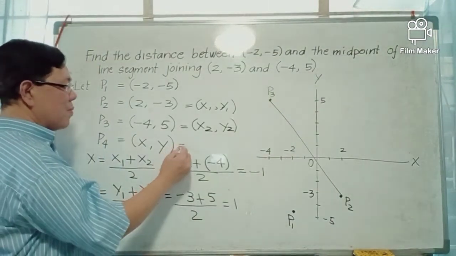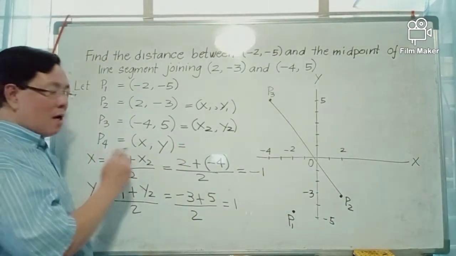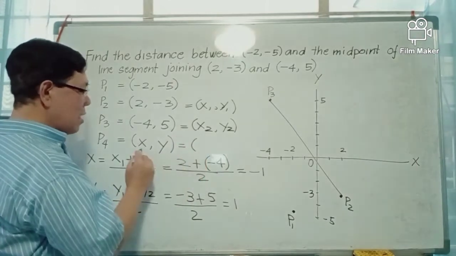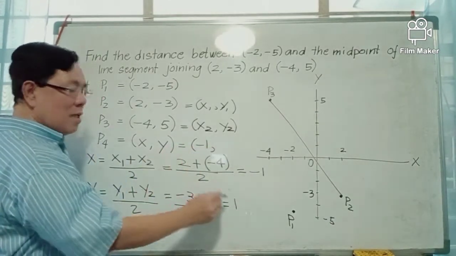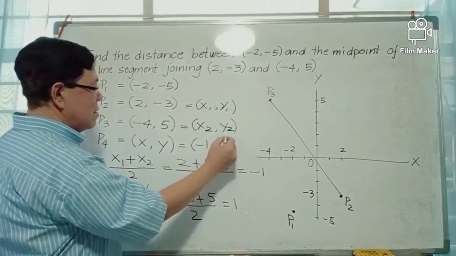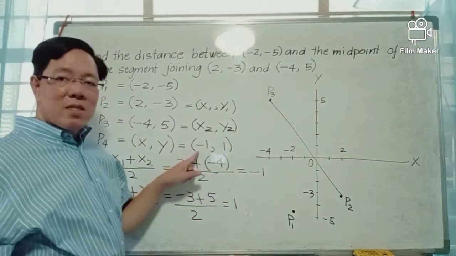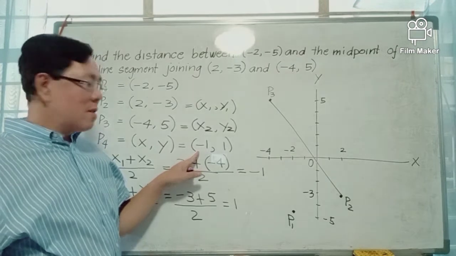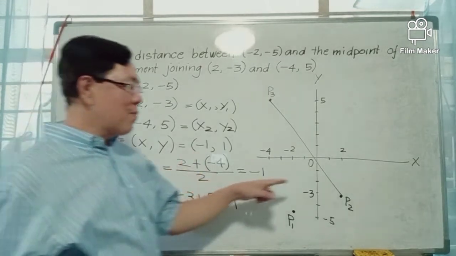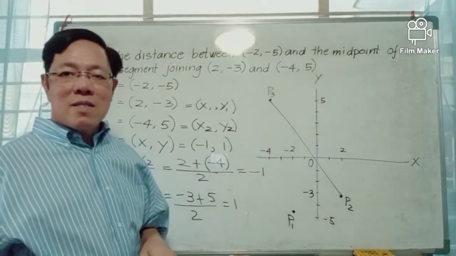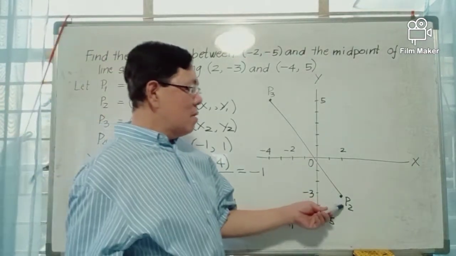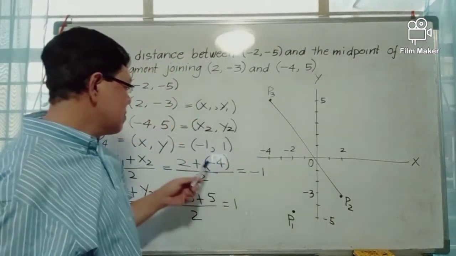Thus, we write P4, the midpoint, has coordinates x is -1 and y is +1. And we plot the point, the midpoint. This is a point on the line segment through the points P2 and P3, and is halfway between P2 and P3.